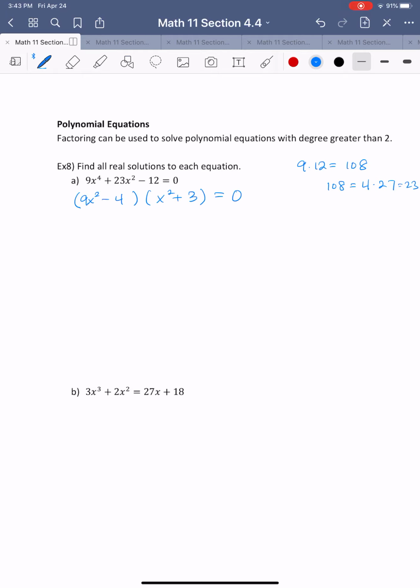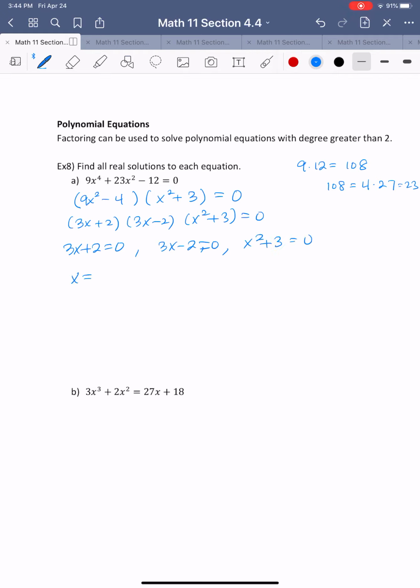Okay, and then the 9x squared minus 4 is still factorable, because it's a difference of two squares. But x squared plus 3 is not factorable. Once you have a complete factorization, each of the factors, whether linear or quadratic, is set equal to 0, and then you can just solve for x.